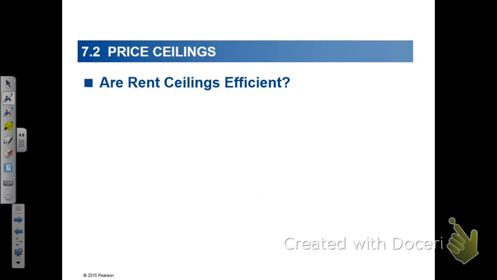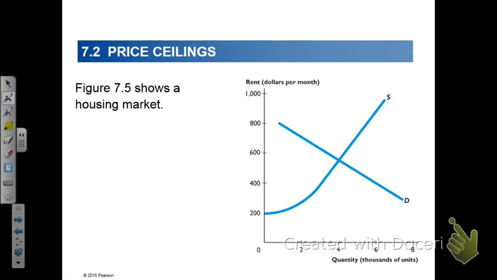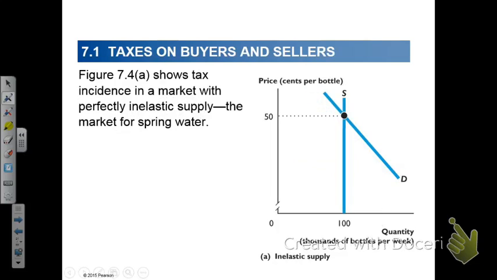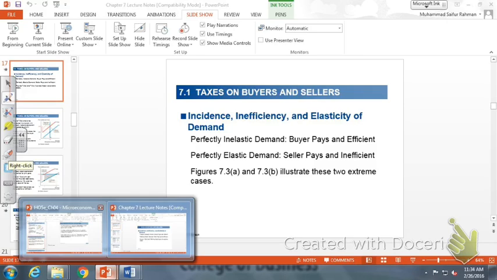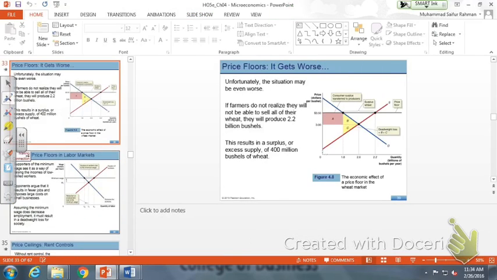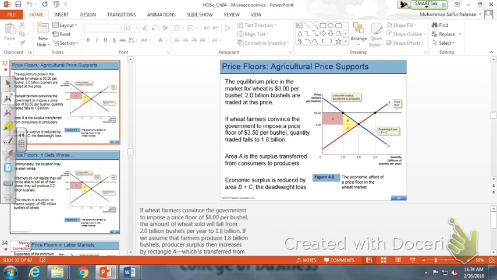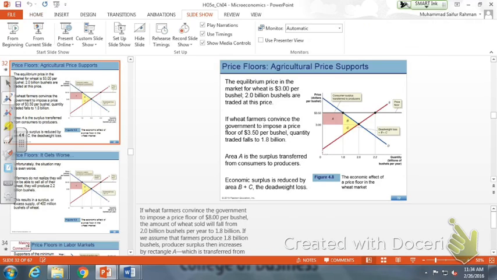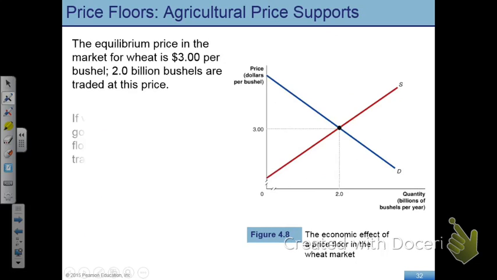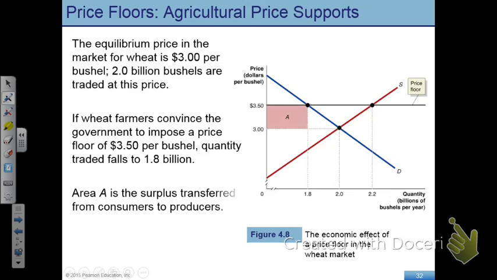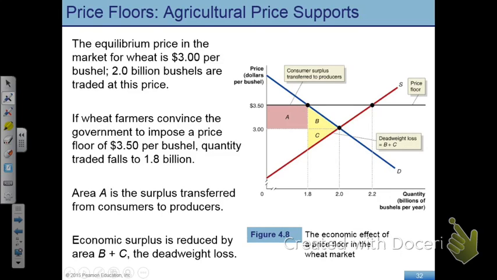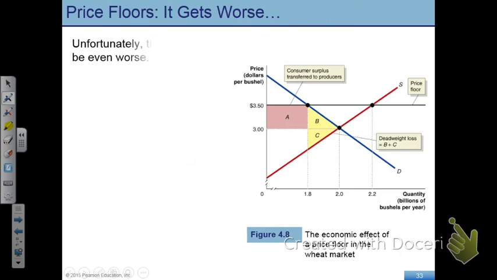Then we come back to the market where price floor is the most common. What we just did was we looked at the price floor argument where the market equilibrium price is $3, the price floor is $3.50, and what it did, it created a deadweight loss equal to the sum of these two rectangles. So B plus C is the deadweight loss.